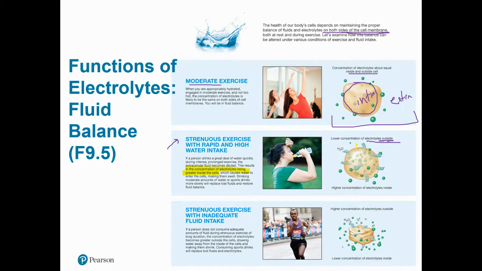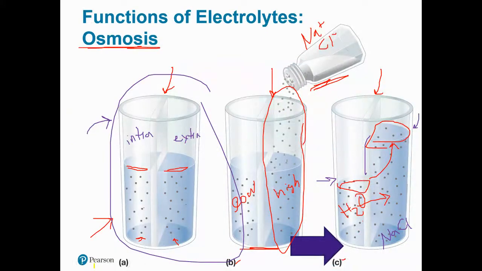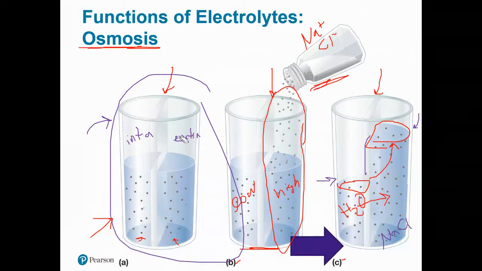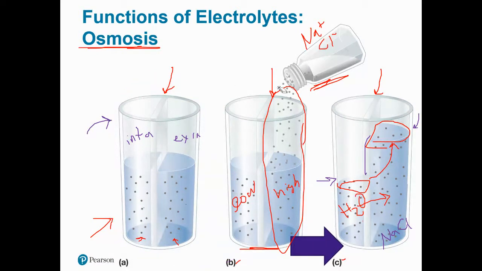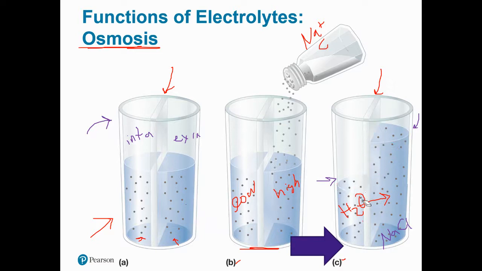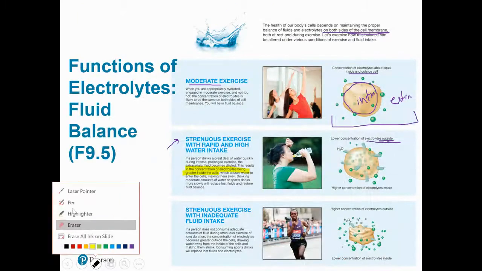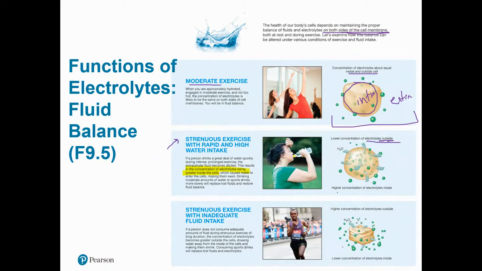So then what happens? Which one of these concepts are we going to see? If we have a lot more electrolyte inside the cell than outside, it's going to be like image C over here.